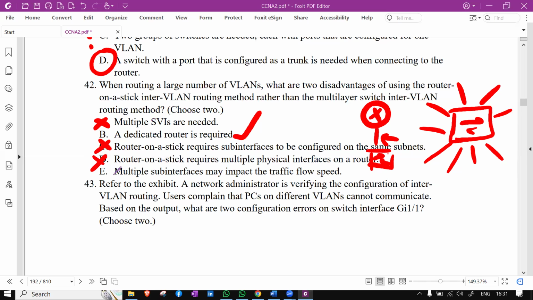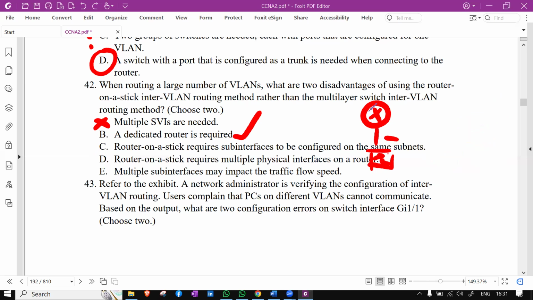Multiple sub-interfaces may impact the traffic flow speed. Explain E as well. How does having multiple sub-interfaces impact traffic flow? I think since my VLANs would just be going through one physical interface, exactly, the throughput might become a problem. If you are sending it all through that one physical interface, it's for the same reasons as the dedicated router, ziripo panyaya traffic flow.